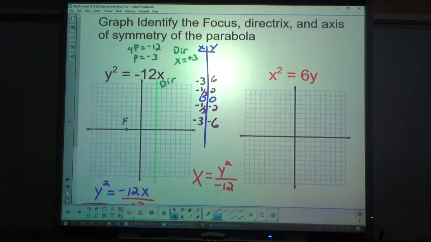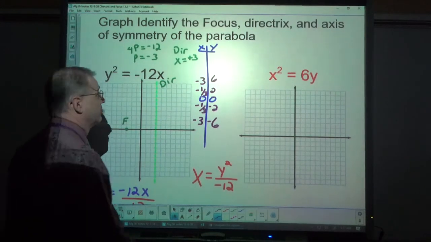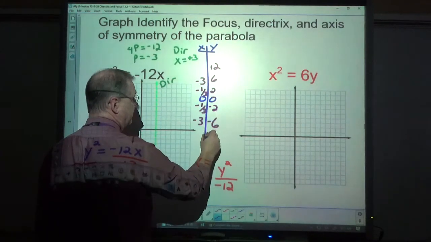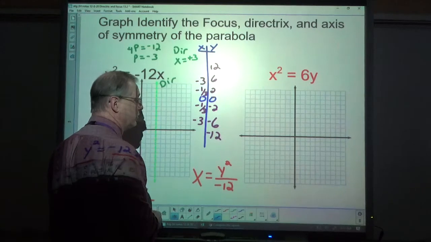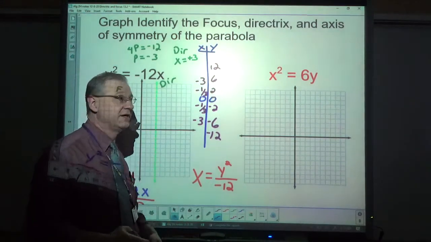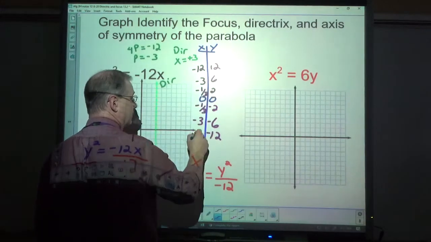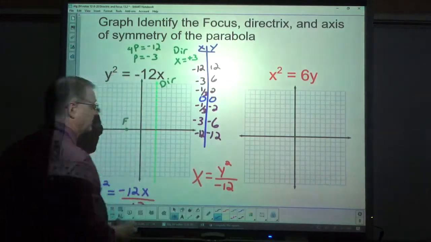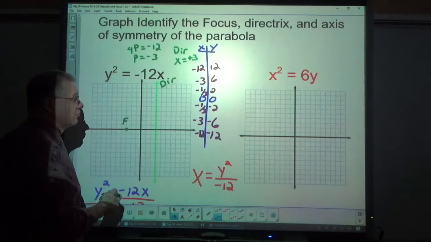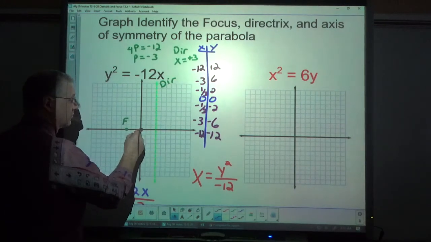All right. I could go as far as 12, but that might be tricky to work with. Let's do 12 and negative 12. We know that 12 squared divided by negative 12 is going to be a negative 12. And that's going to be a little bit off my graph, but these are enough points for me to graph. 0, 0.